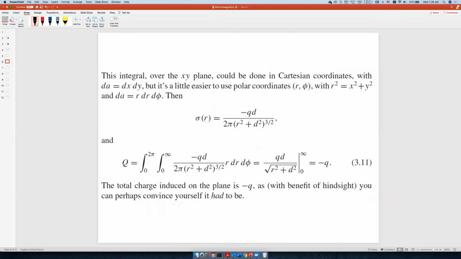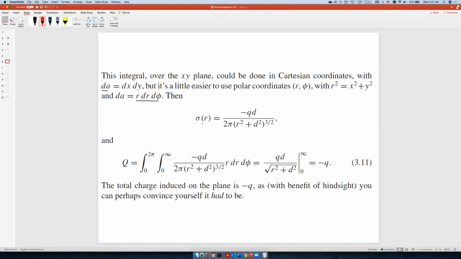and the surface charge density could be written not in Cartesian coordinates, but in polar coordinates, because in polar coordinates the integral becomes easier. And in polar coordinates, we have learned dA equals r dr d phi.